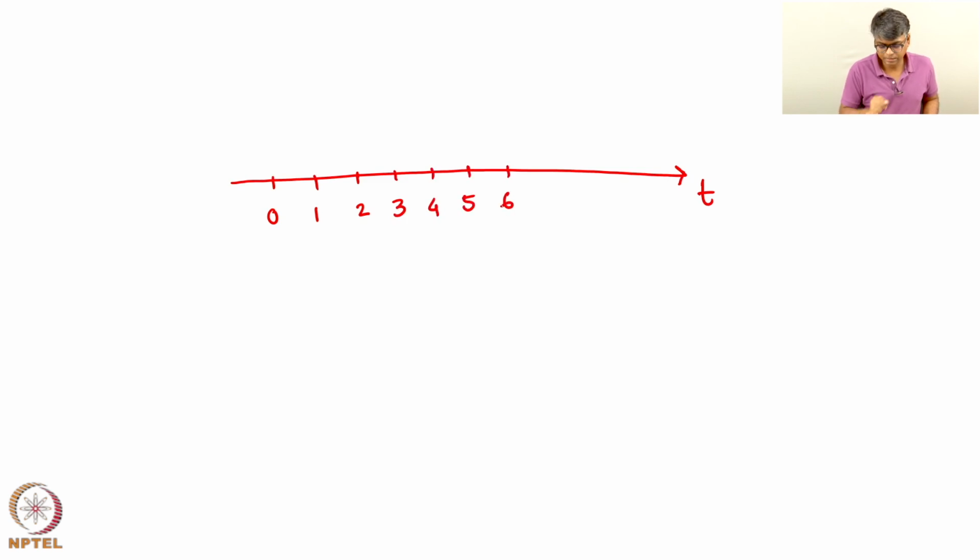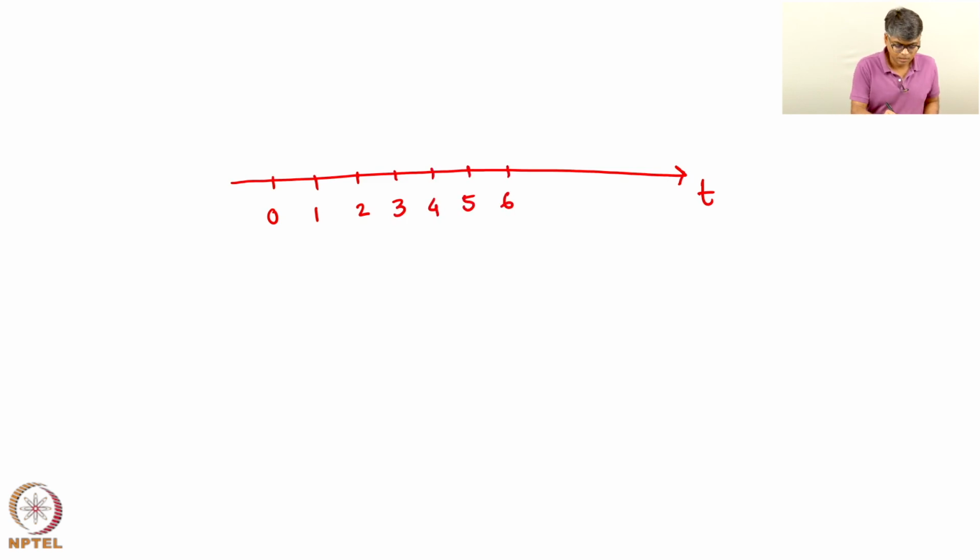For example, just ask yourselves this question: suppose this is your time axis, a discrete time axis, and suppose we are starting with 0. The set of non-negative integers is my indexing set.